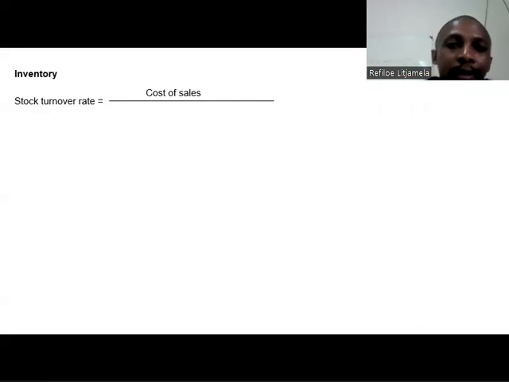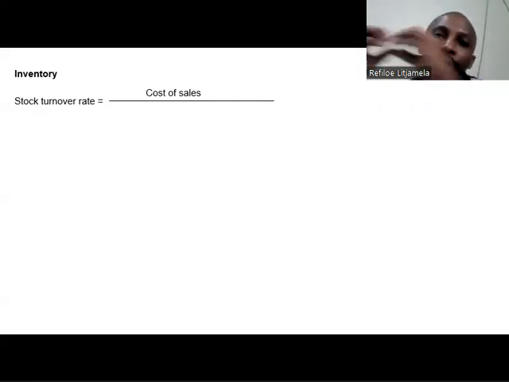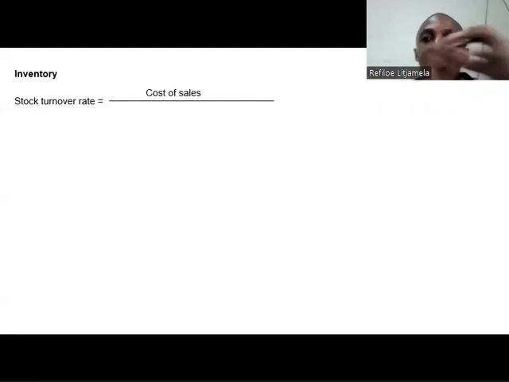But here's the thing. What is average inventory? Average inventory is last year's inventory, you add it with this year's inventory, and then you divide it by 2. That's what average inventory is. You take this year's inventory plus last year's inventory, and then you divide it by 2.